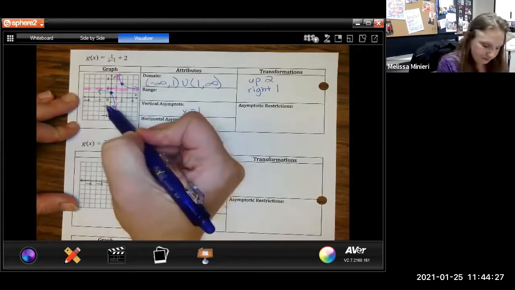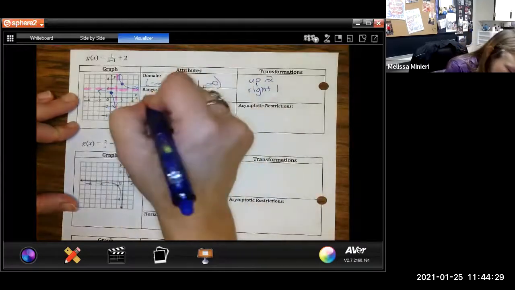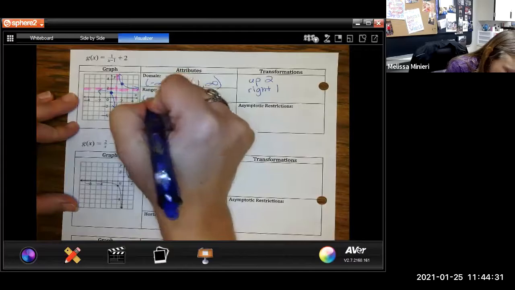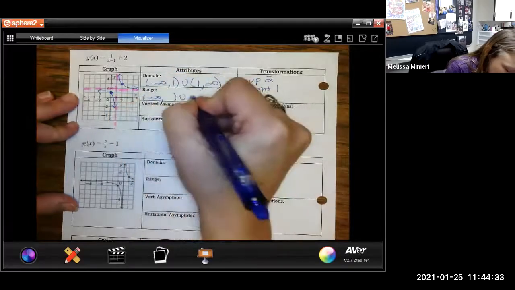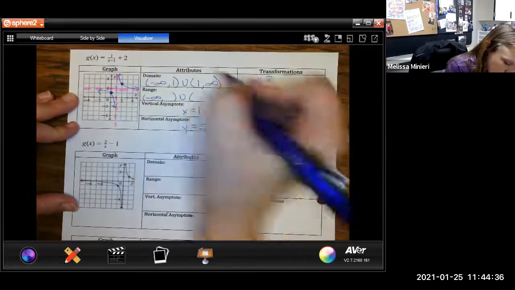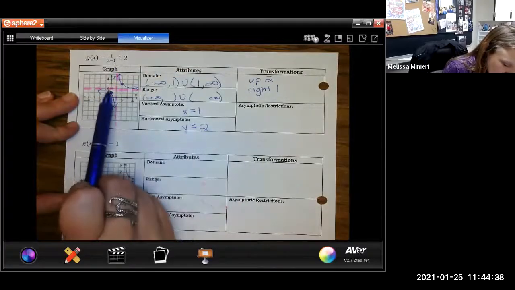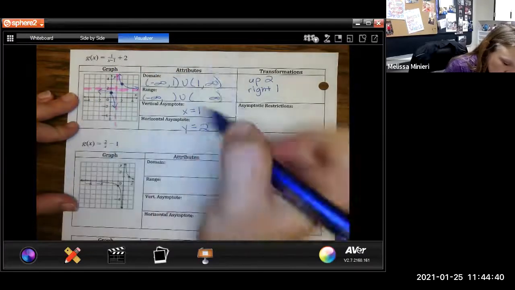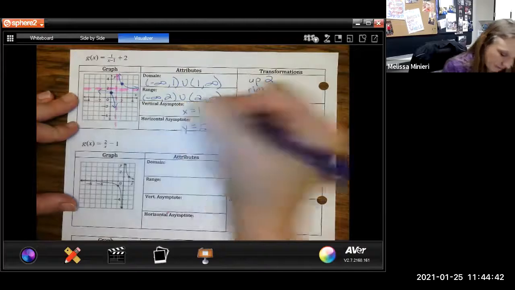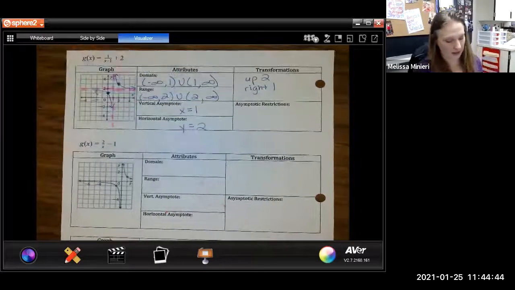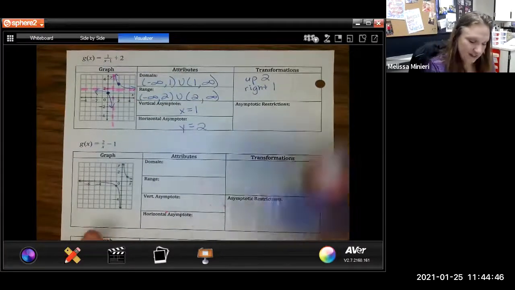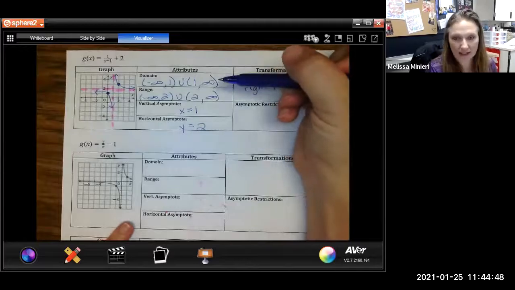All right, the range is going all the way to negative infinity and positive infinity, except for it is skipping over 2 because there is a horizontal asymptote there. So this is how your domain and ranges will look if you write it in interval notation.